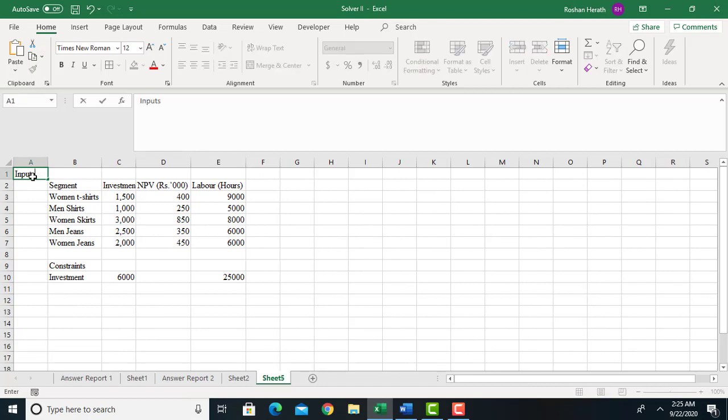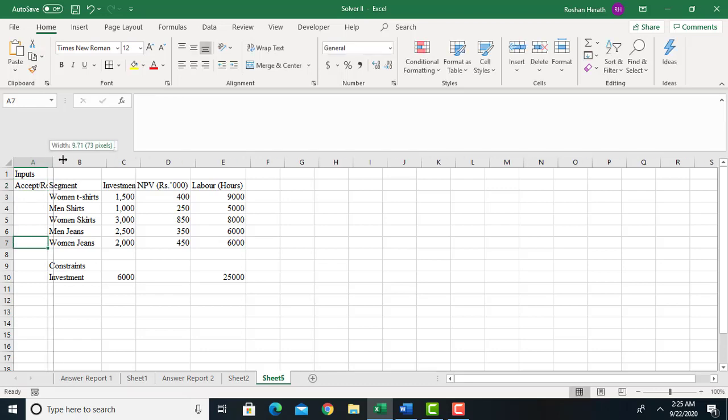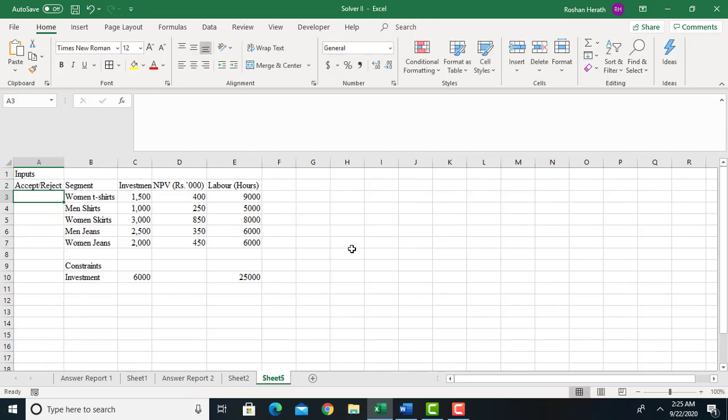Some of these projects would be accepted, so accept or reject. I might randomly pick 1, 0, 1, 0, likewise. I'm just taking some random numbers.